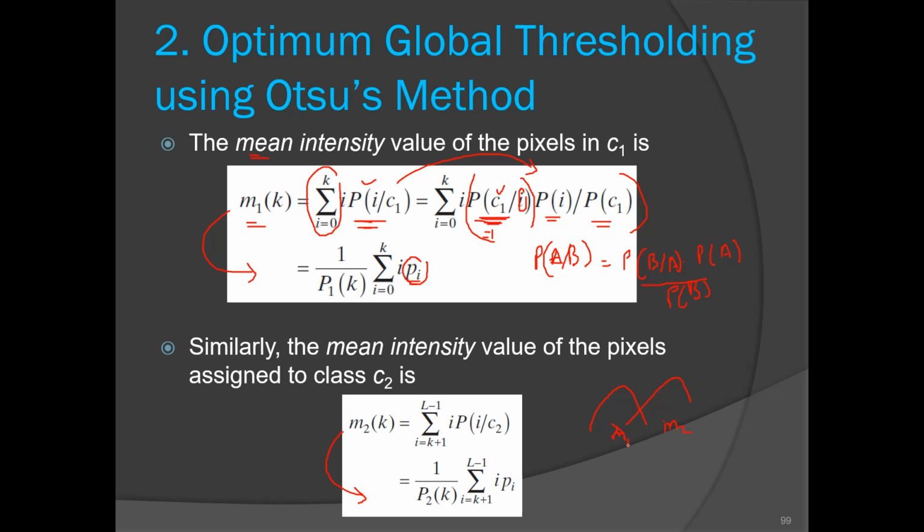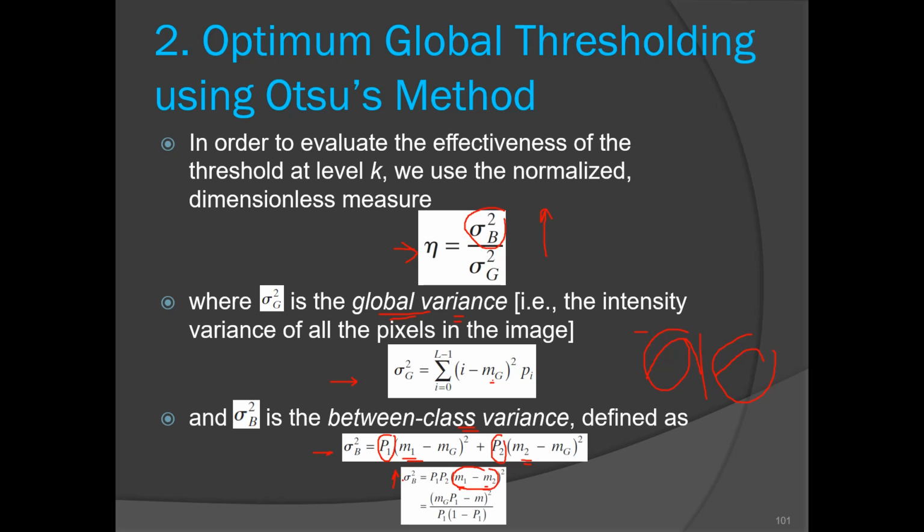If their subtraction is higher, that means m1 and m2 are far apart, more away from each other. So the sigma, the variance between the classes, will be higher, which is calculated with this variable.